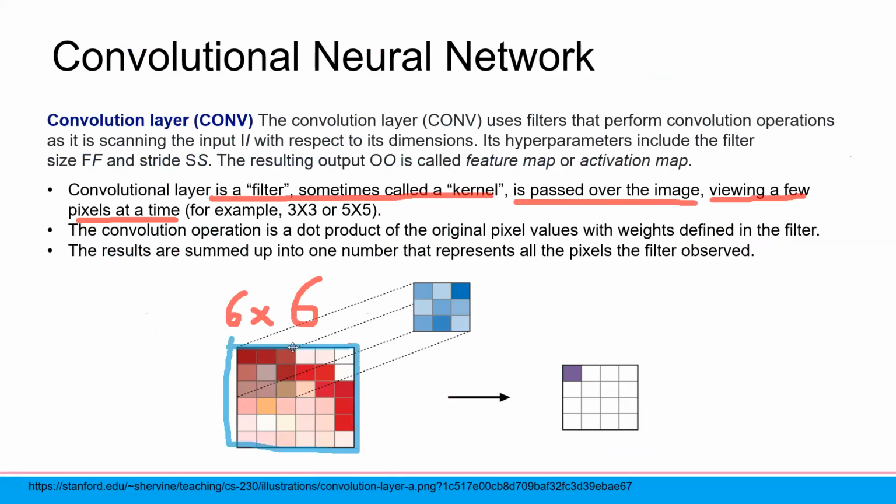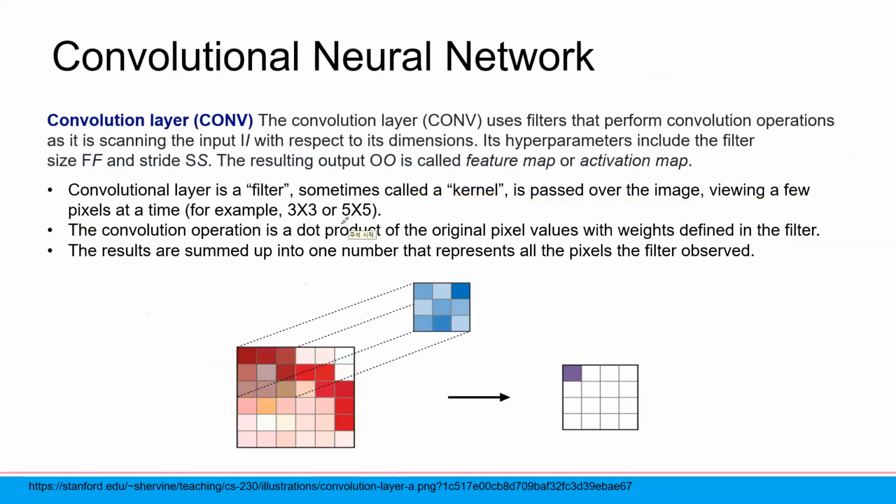For example, I see a 3 by 3 region, then another 3 by 3, and then the next 3 by 3. We can also define, for example, 5 by 5, and do like the Prewitt kernel, but in the Prewitt kernel it is 3 by 3.